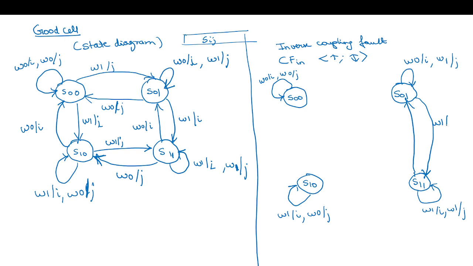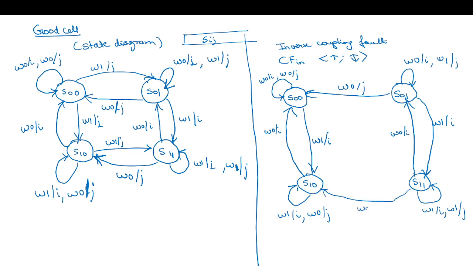Now what do we have to write? 1 for I, then 0 for I. These transitions will also remain the same. 0 for I and 1 for I will also remain the same. 0 for J, and this one 0 for J. Now instead of going from S00 to S01, the content of the cell should be inverted.